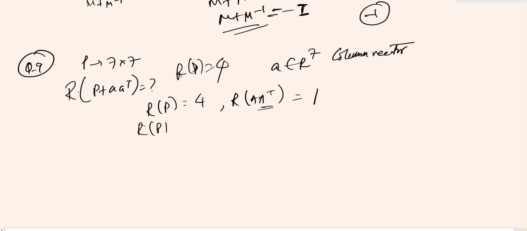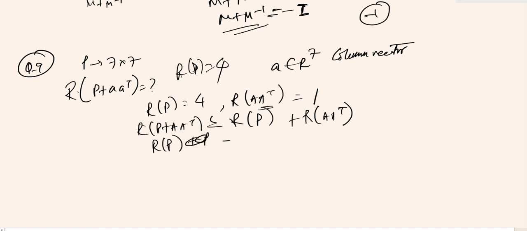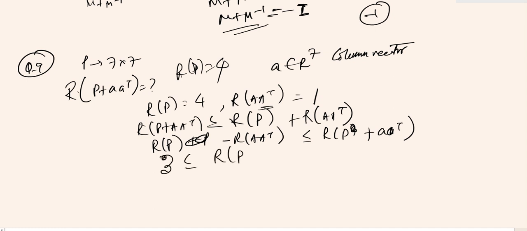So rank of P plus A A transpose is less than or equal to, again that old rule, rank of P minus rank of A A transpose is less than or equal to rank of P plus A A transpose. 3 less than or equal to rank of P plus A A transpose less than or equal to 5.